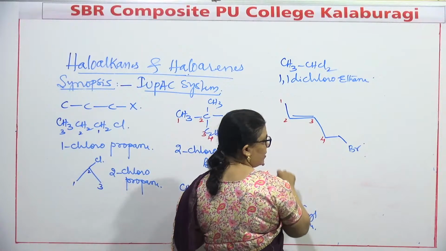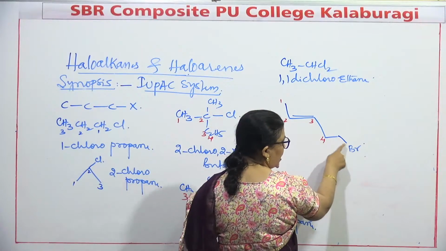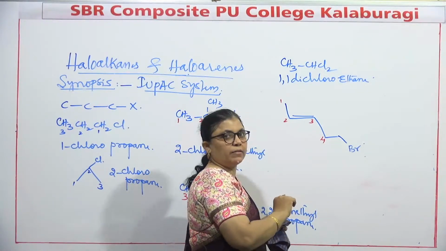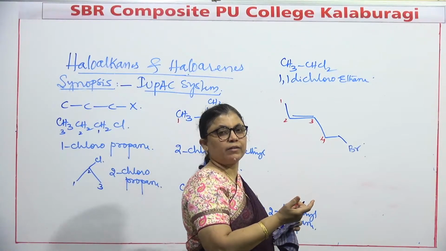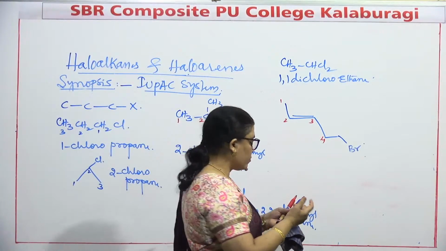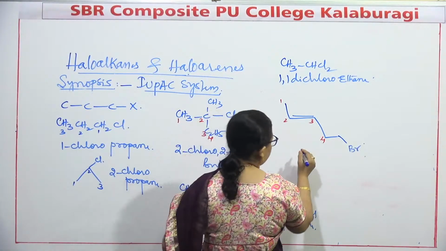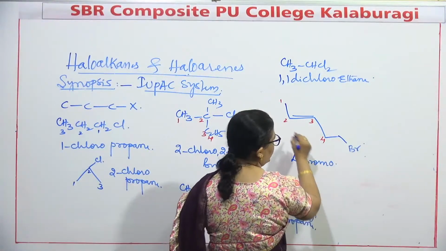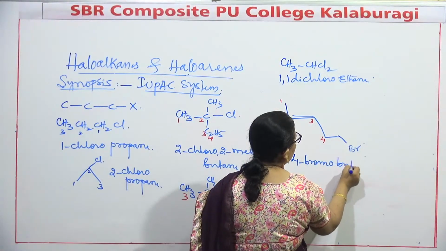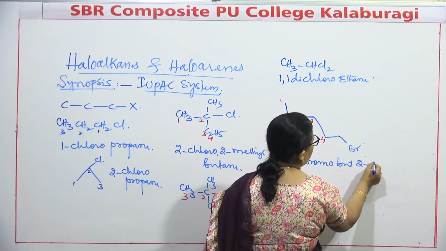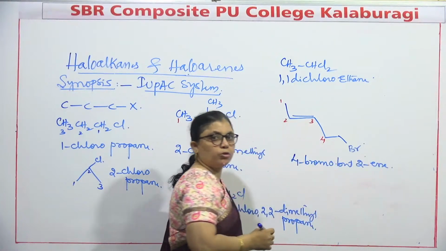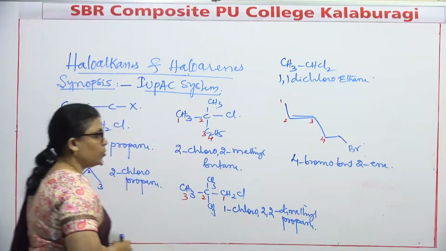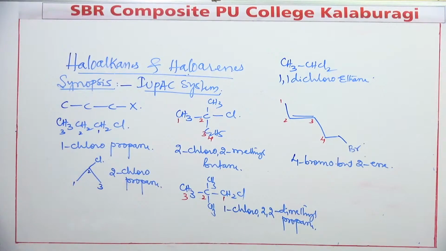Double bond is between second and third. At the 4th carbon atom, it is linked with Br. That's why we can call it 4-bromo but-2-ene.